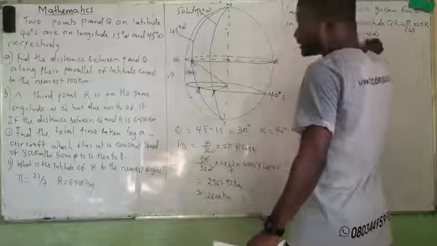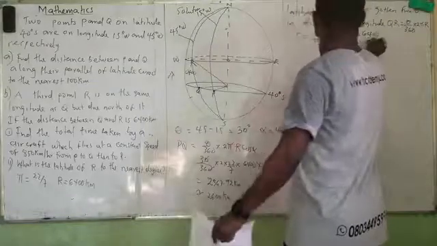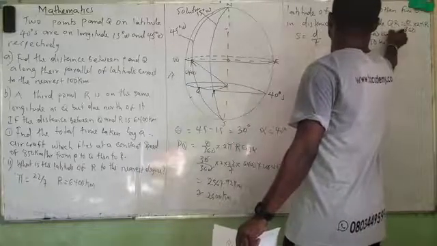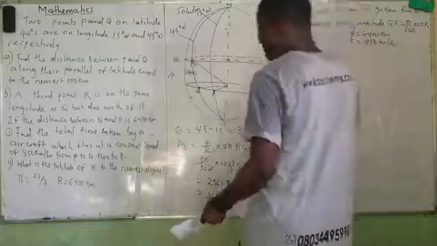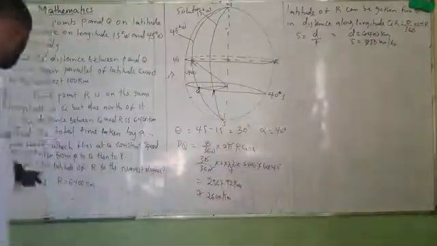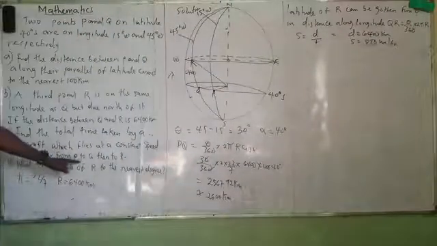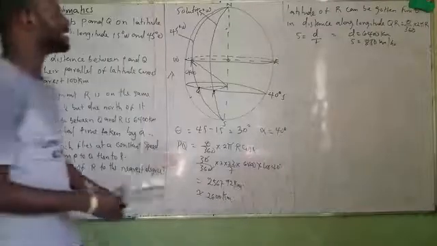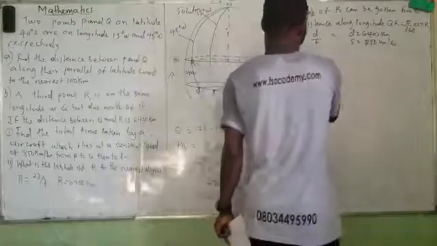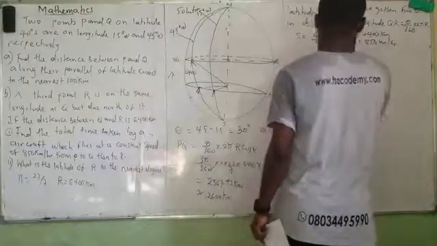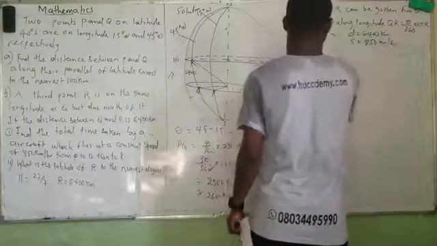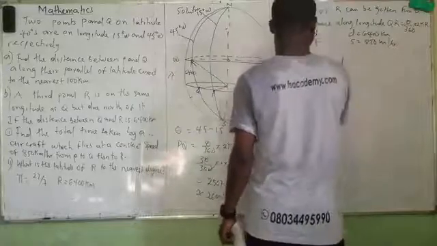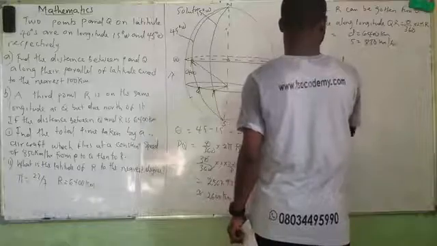My speed is 850 kilometers per hour. We are asked to find the time. It means my S T equals D, so my T equals D all over S.